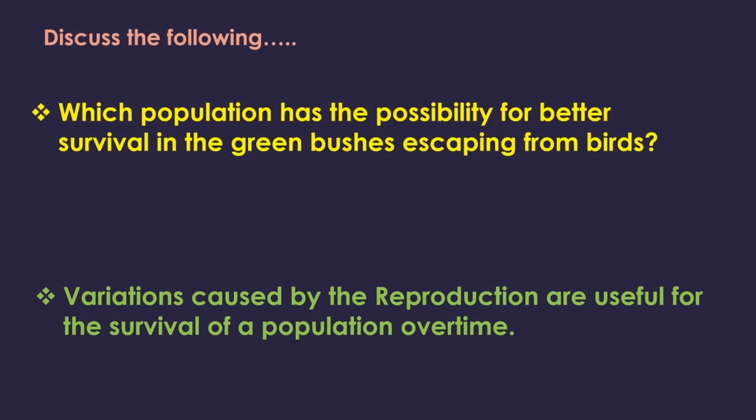The students will answer that the green colored beetles have the possibility. So, we can conclude that variations caused by reproduction are useful for the survival of a population over time. So, variations and reproduction can alter the organism's niche.